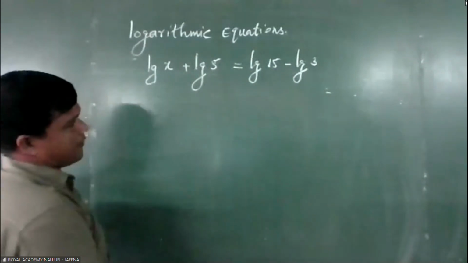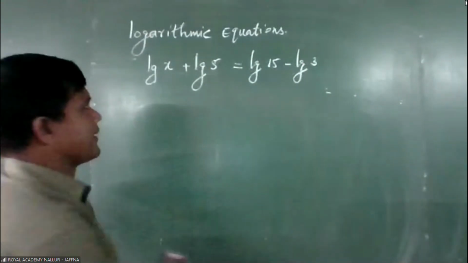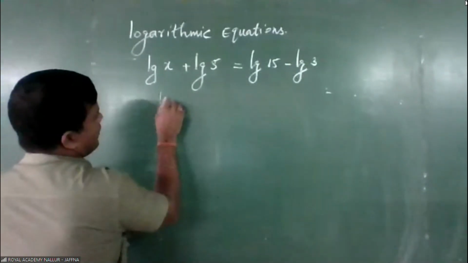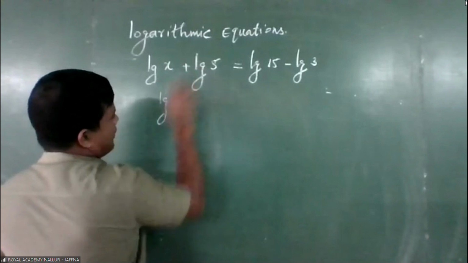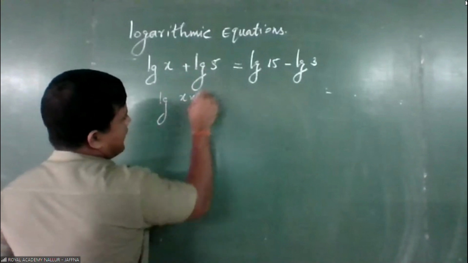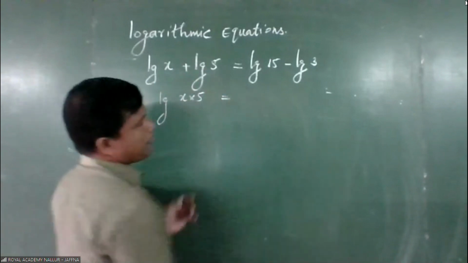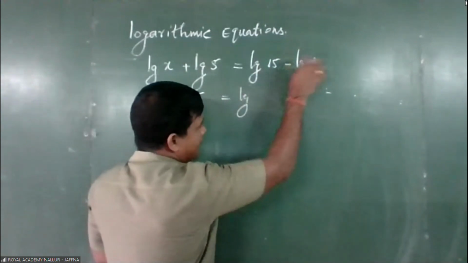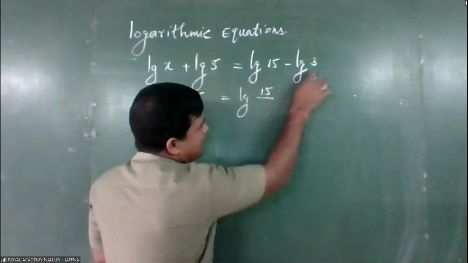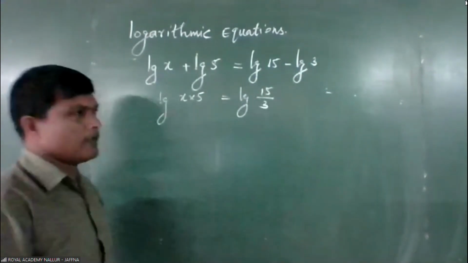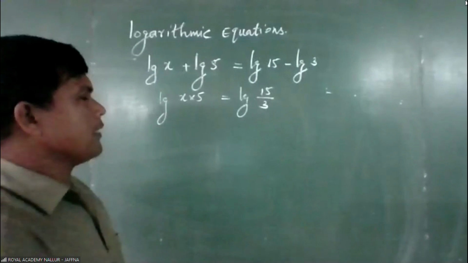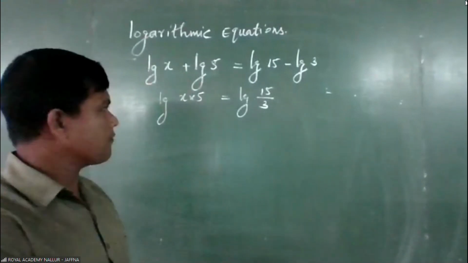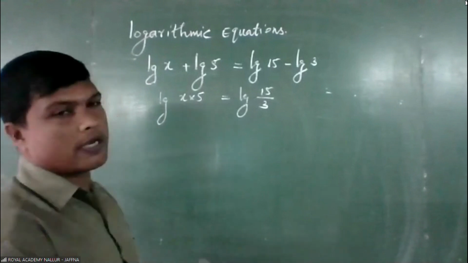First we can simplify both sides to single terms using the conditions. Addition of logs gives the product x into 5 is equal to, here also, logarithm of 15 minus, therefore 15 divided by 3. In the previous simplifications, we made logarithms. Like that, here we can remove logarithms.